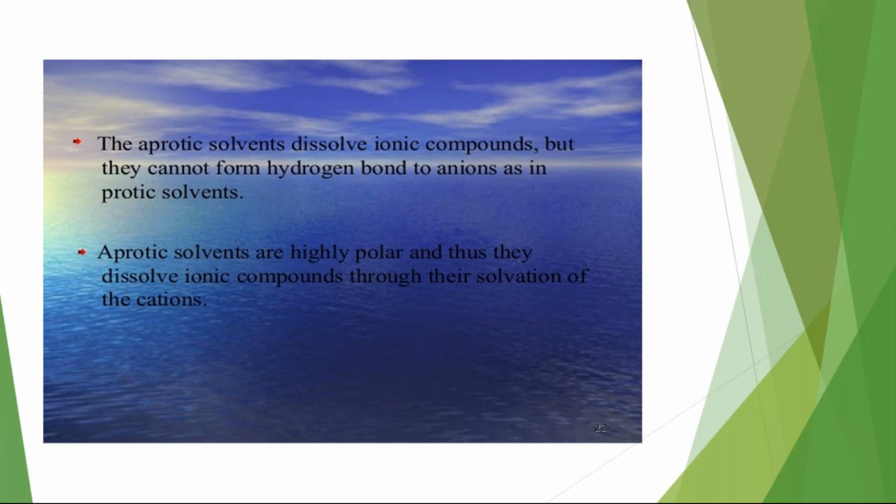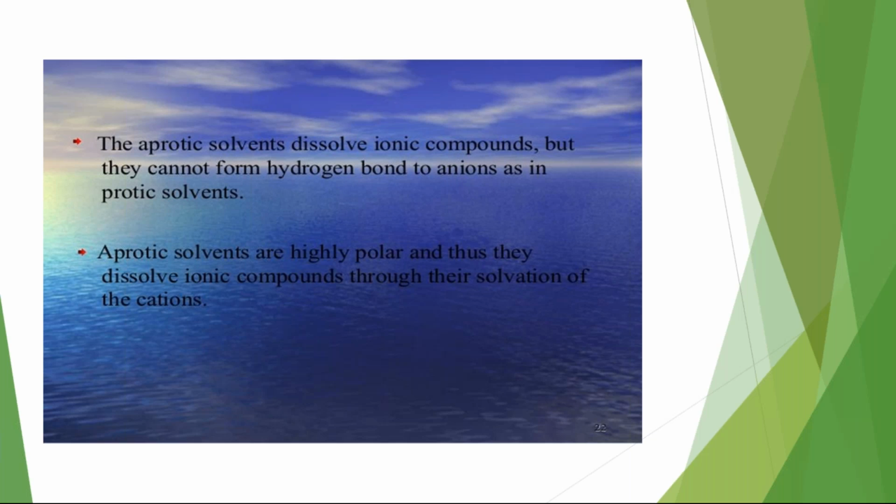So the aprotic solvents dissolve ionic compounds. Toluene also can be an example, right? Toluene is an example of an aprotic solvent, where it does not contain an acidic hydrogen.